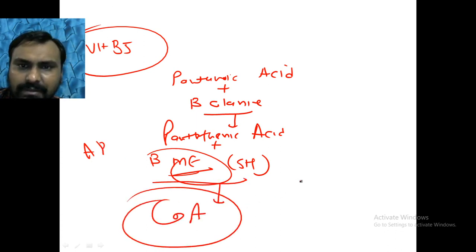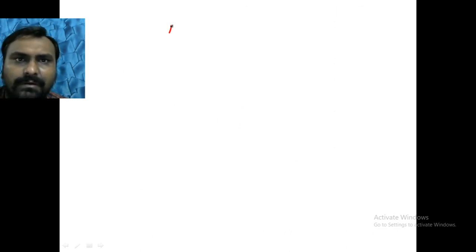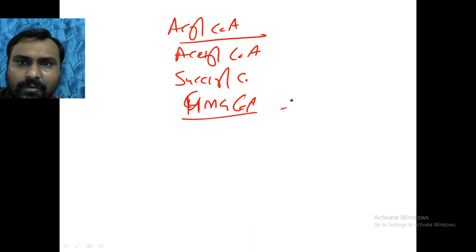So this coenzyme, phosphopantetheine, is also part of acyl carrier protein of fatty acid synthesis, and all the acyl derivatives of CoA are acyl CoA, acetyl CoA, right, succinyl CoA, or HMG CoA. Okay, HMG CoA will come in the ketone body and cholesterol synthesis.